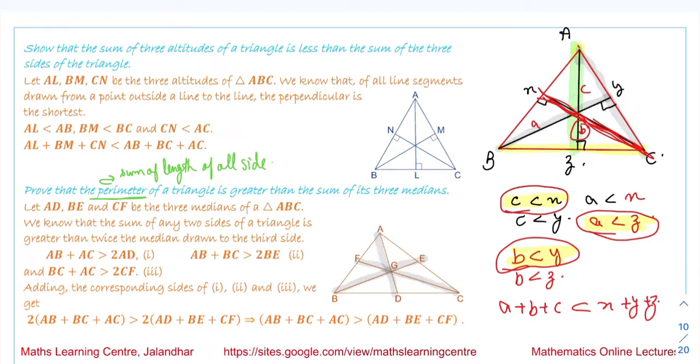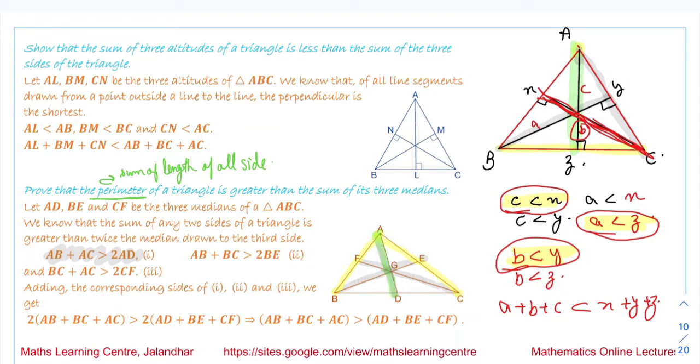From the previous result, we know that the sum of any two sides of a triangle is greater than twice the median drawn to the third side. So we can write AB plus AC is greater than 2 times AD.